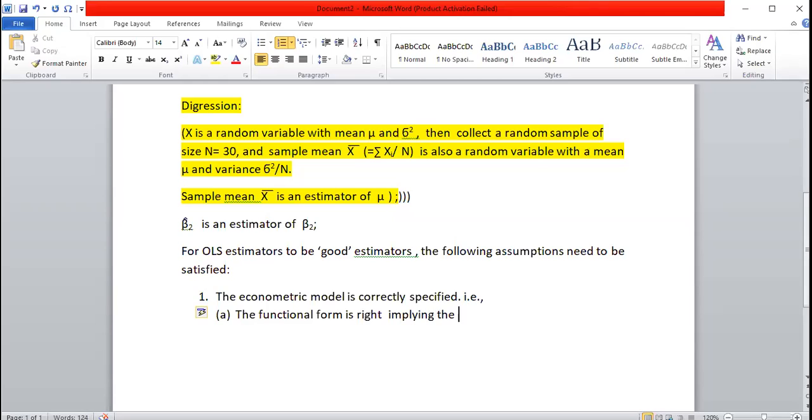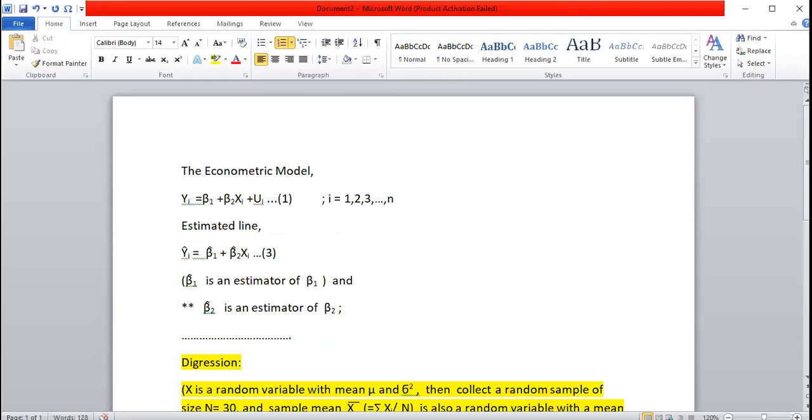The release. Linear. The model is linear. Is the model linear here? Is it linear here? Is it linear? Yes.